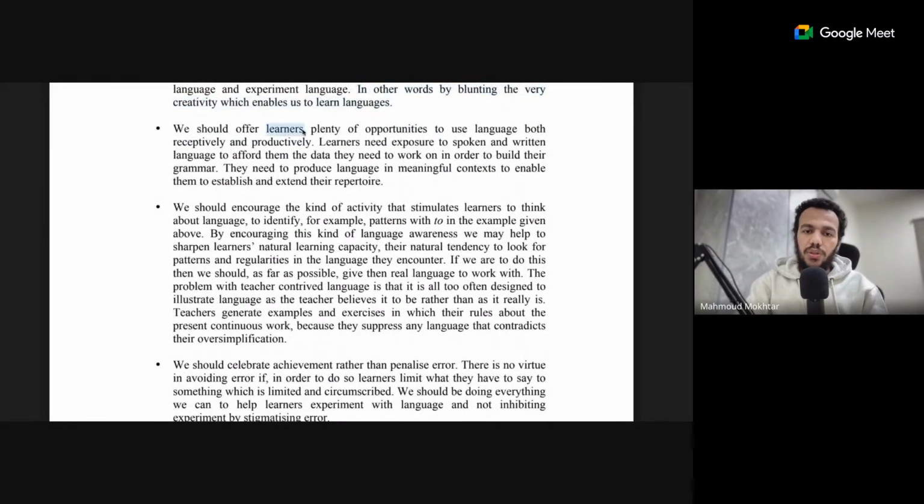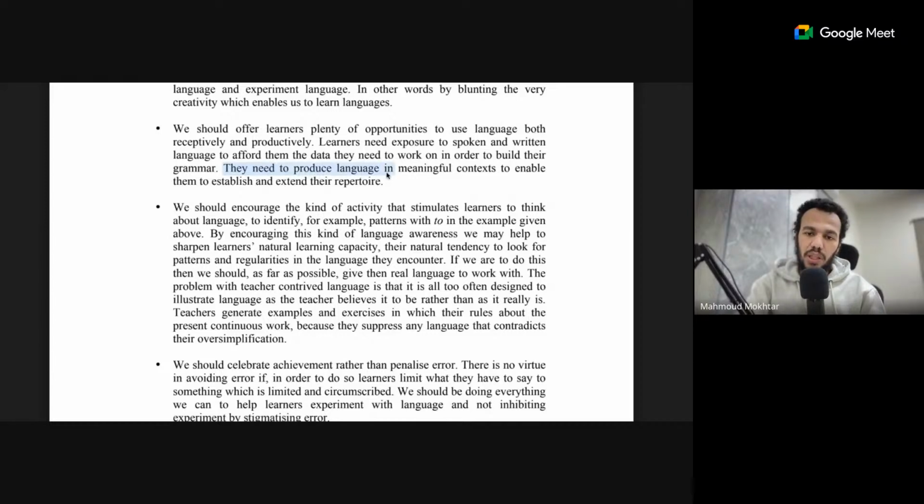We should offer learners plenty of opportunities to use language, both receptively and productively. Learners need exposure to spoken and written language to afford them the data they need to work on in order to build their grammar.